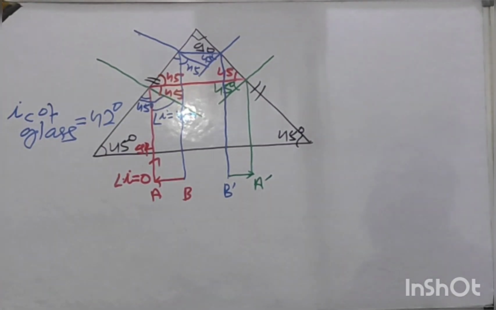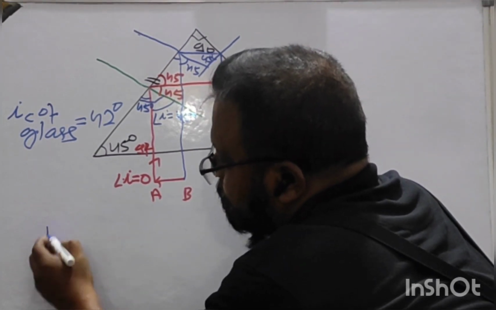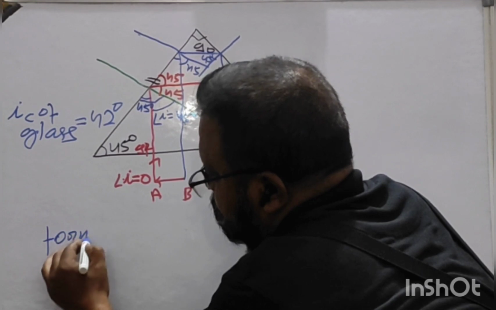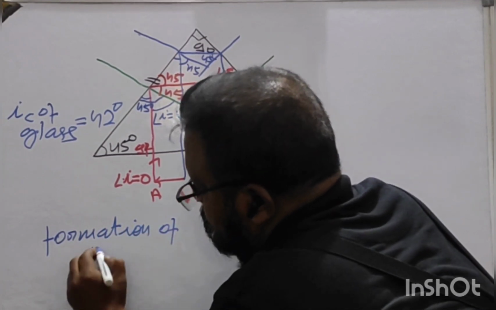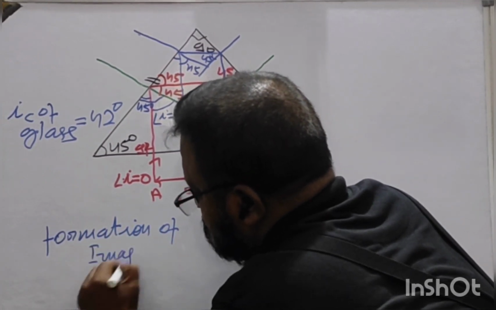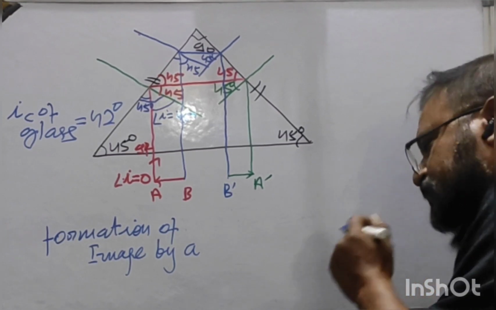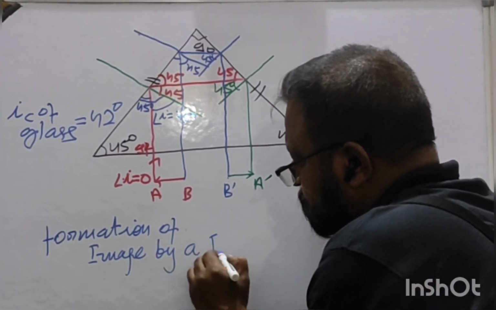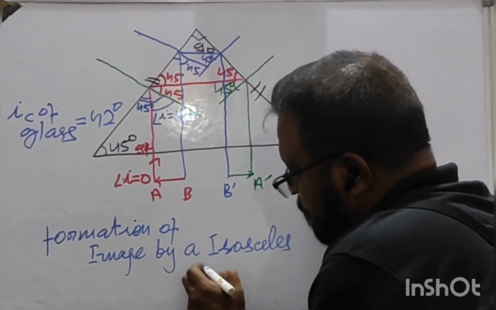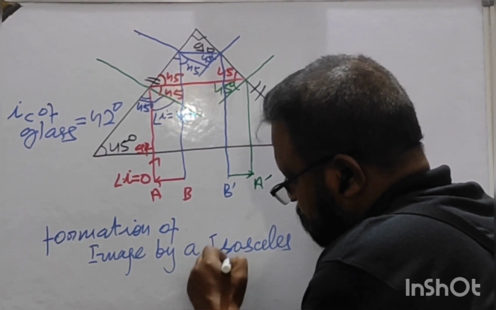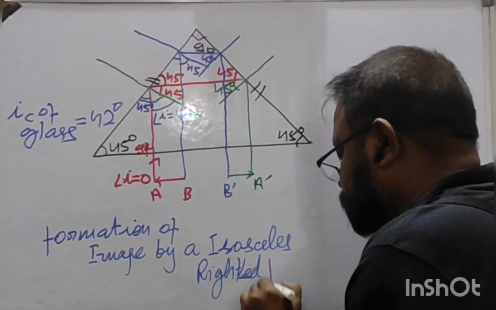So this is the formation of image by an isosceles right-angled prism.